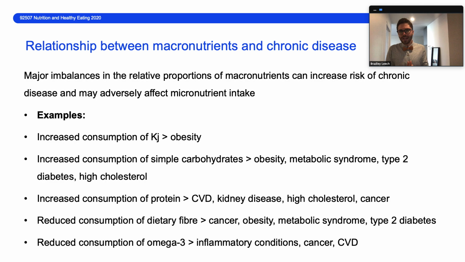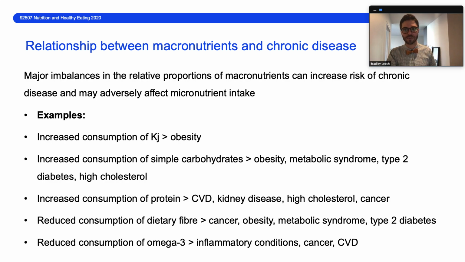All right, so let's look at some relationships between macronutrients and chronic disease and how they can contribute to particular chronic diseases. An imbalance of these macronutrients can actually increase the risk of a number of diseases. So let's look at a few examples. An increased consumption of kilojoules, energy, so that's either protein, carbs, and fat, can result in obesity.